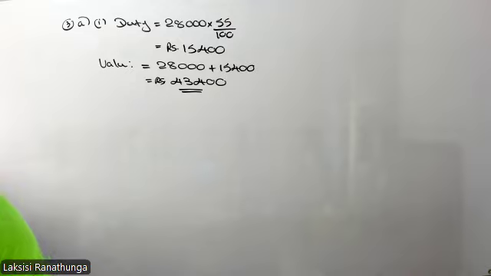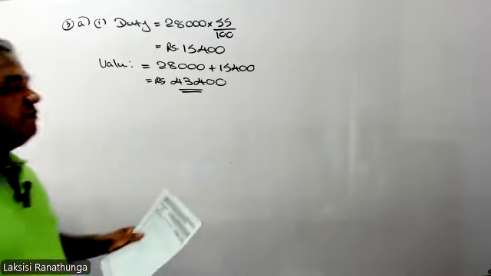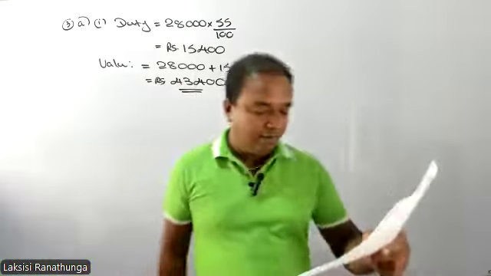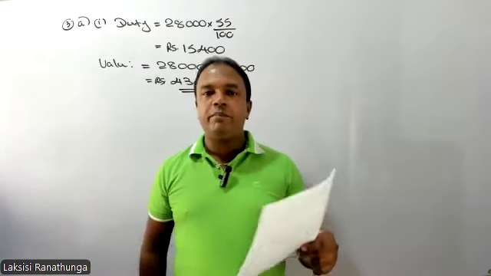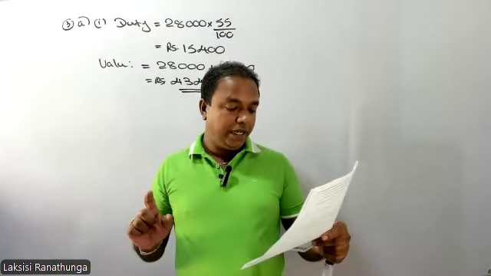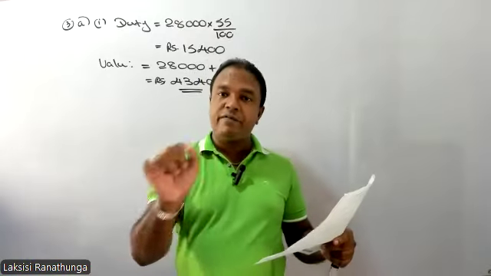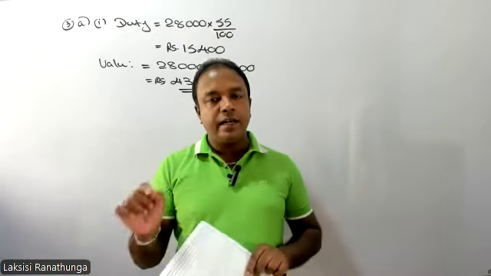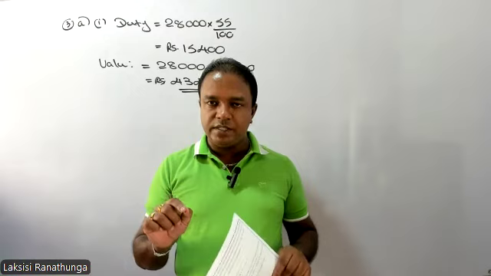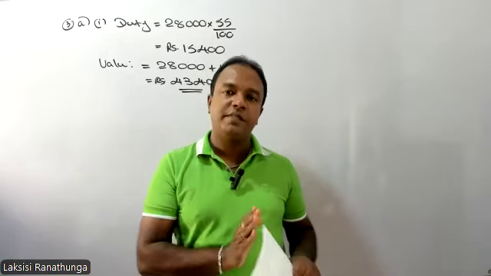You can obtain this answer when multiplying the value of the equipment 28,000 by 155%. Directly you can multiply 28,000 by 155%.